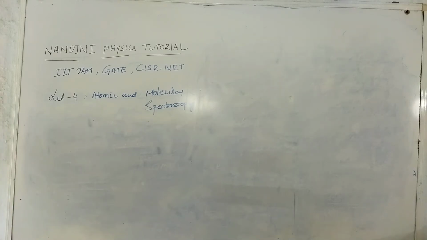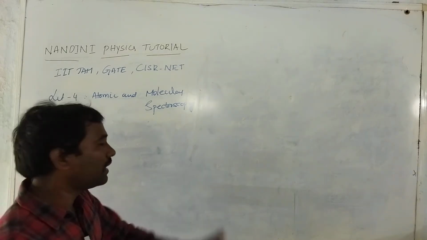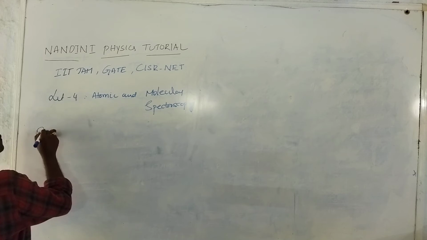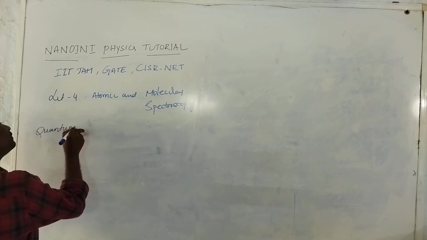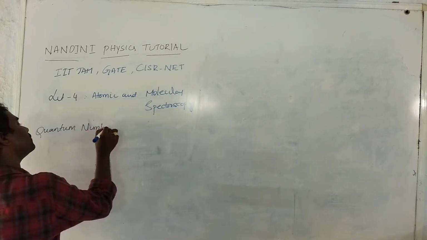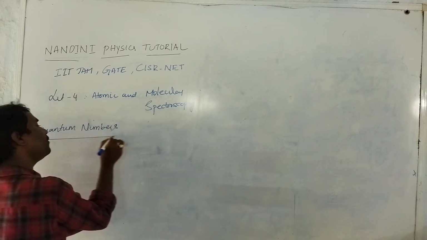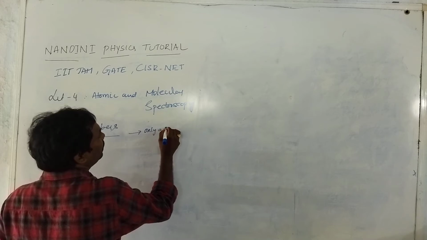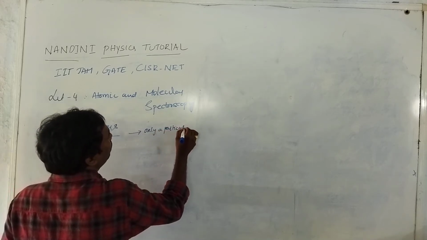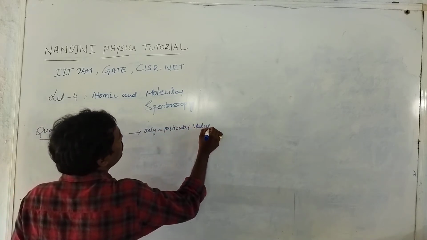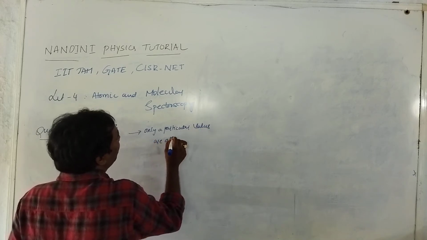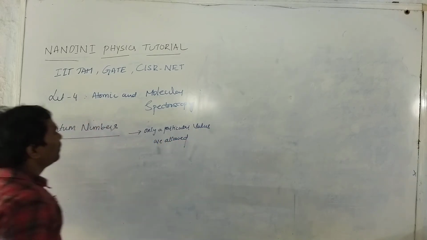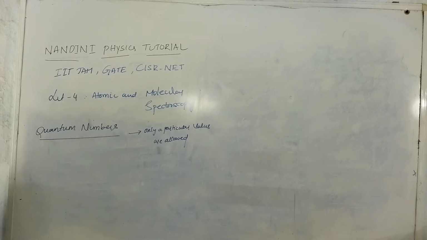Quantum numbers are nothing but only particular values are allowed. This is what quantum numbers mean.